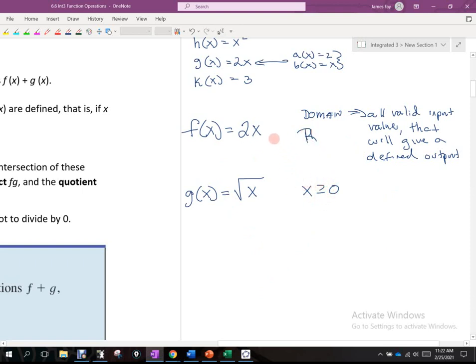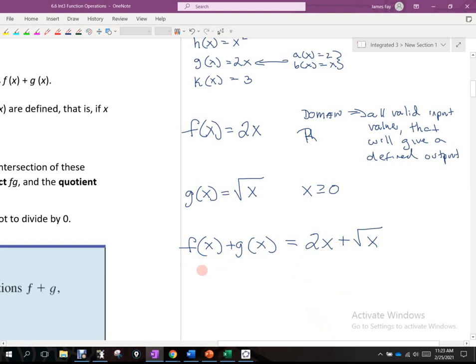So here's my question, and this is what the previous statement was getting at. If I ask you what f of x plus g of x looks like, you would take f of x and add to it g of x. Is that okay with everybody? Okay.